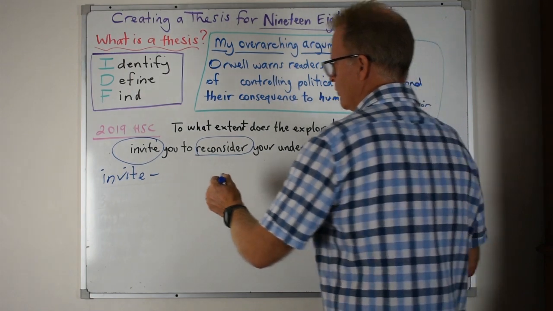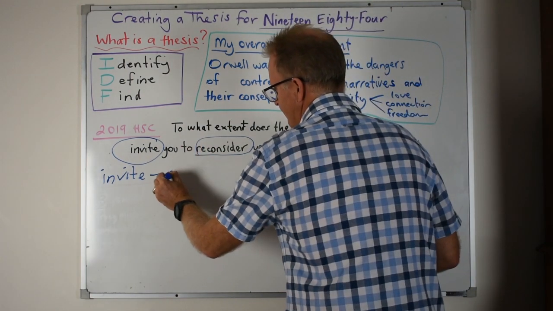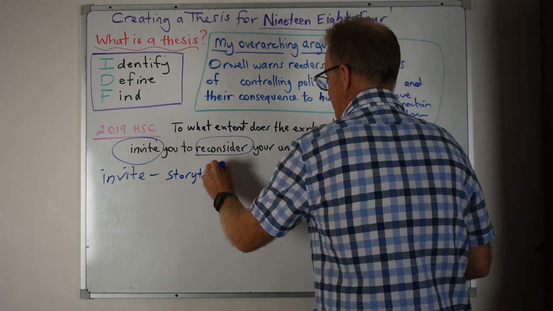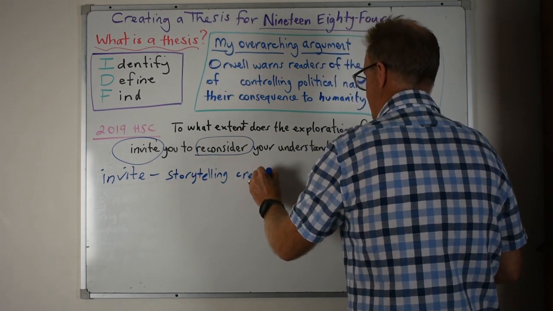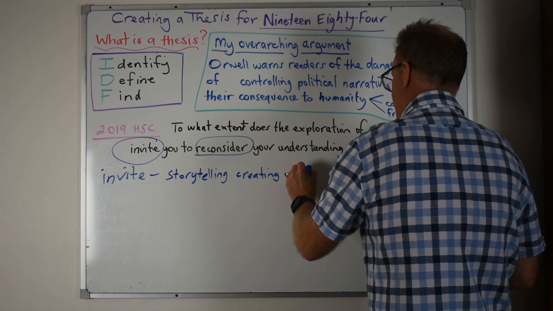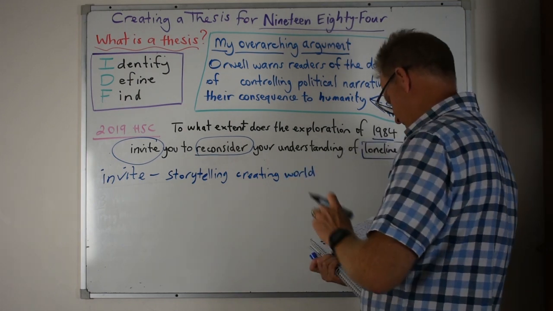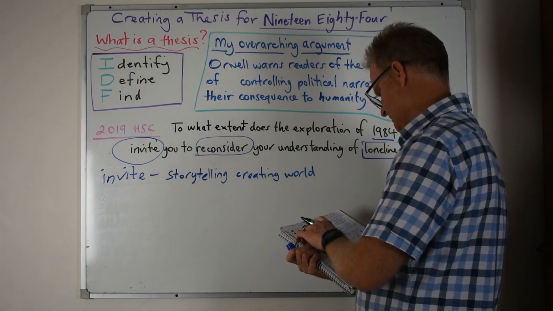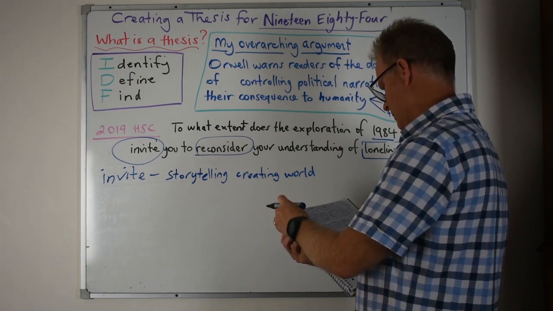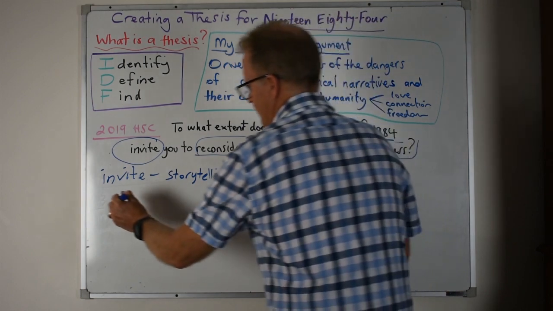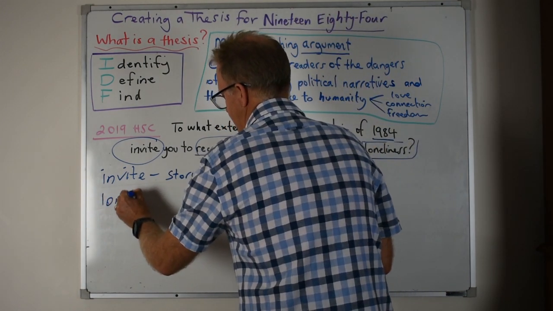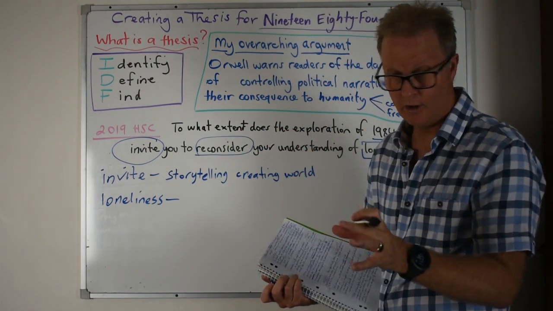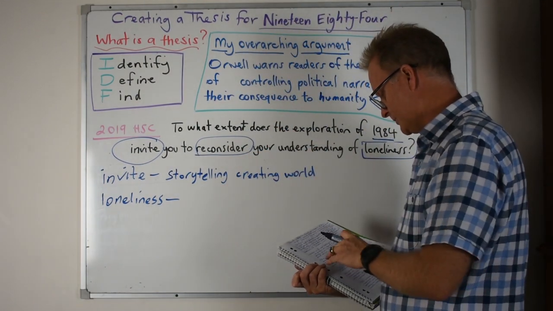So this is focusing on storytelling, creating a world. So he's inviting the reader into that. What have we got next? I'm going to do loneliness second. So we're invited into this world of loneliness, or the world of the lonely characters.